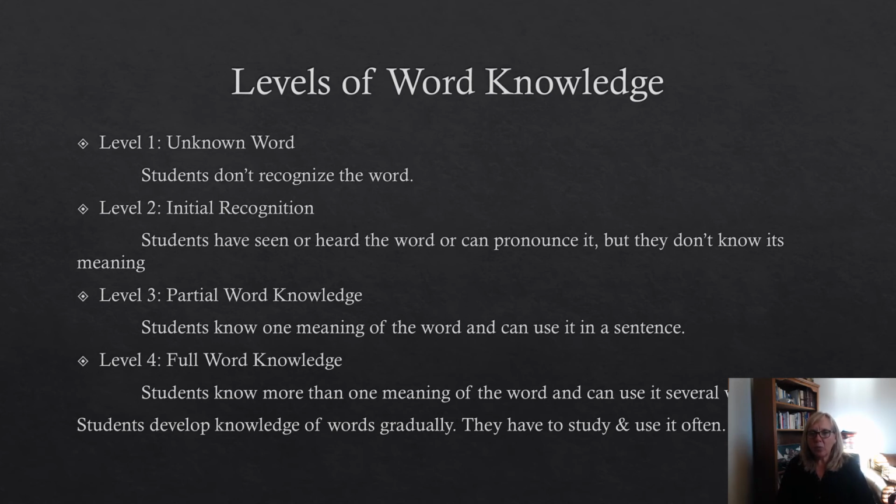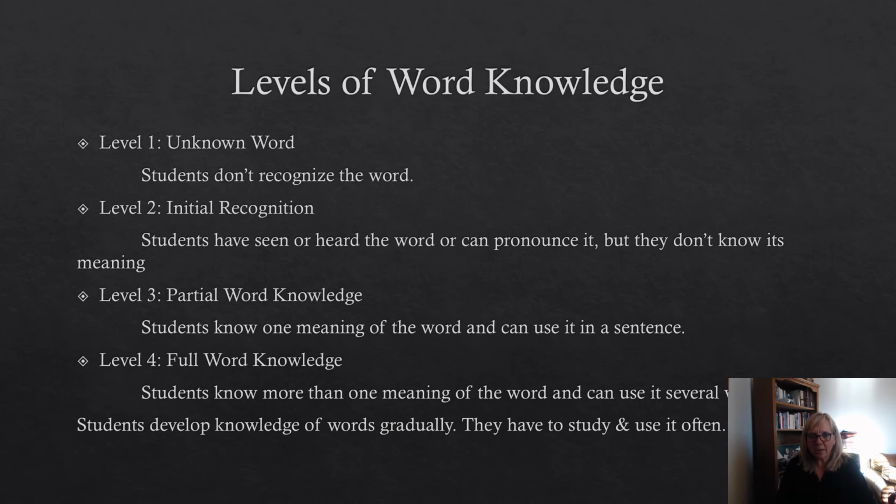For example, we say level 1 is when students don't recognize the word at all, but you're going to teach it to them. Level 2 is when they see the word, they can pronounce it. They might not know what it means, but they know they can sound it out. Level 3 is partial word knowledge.